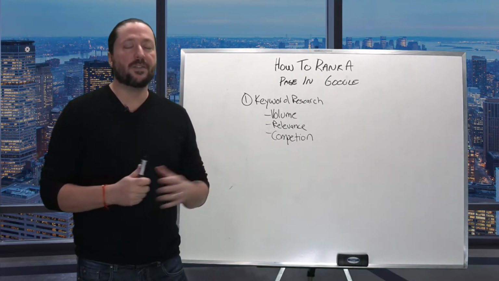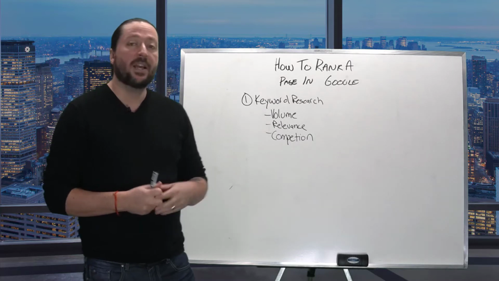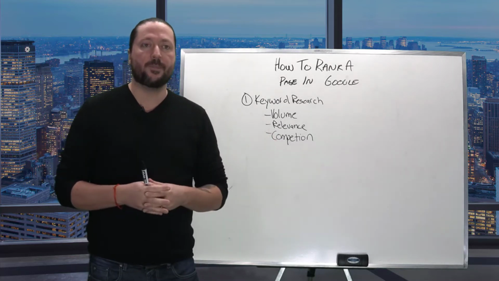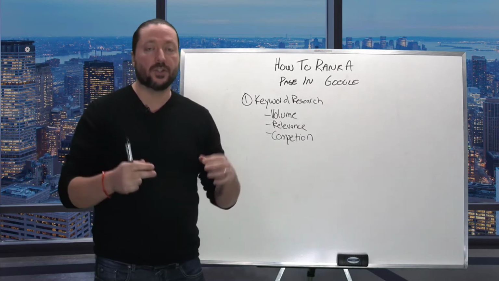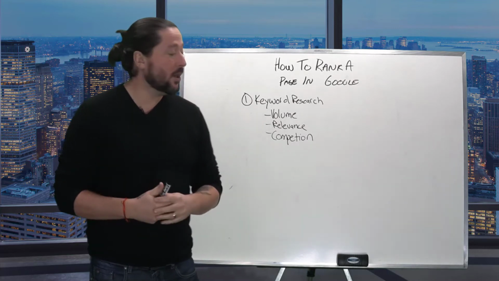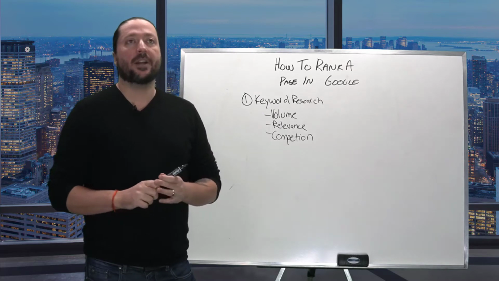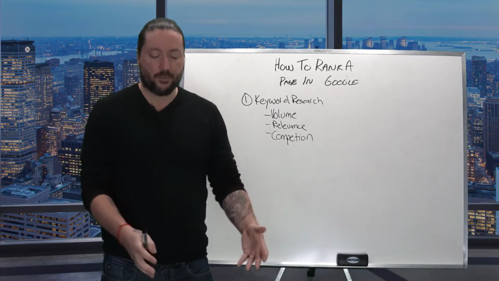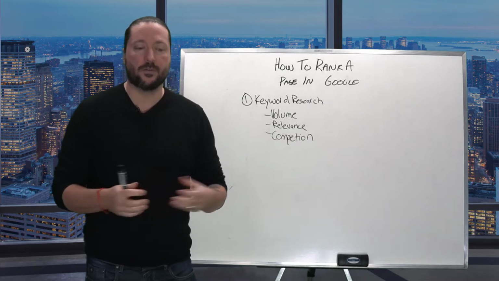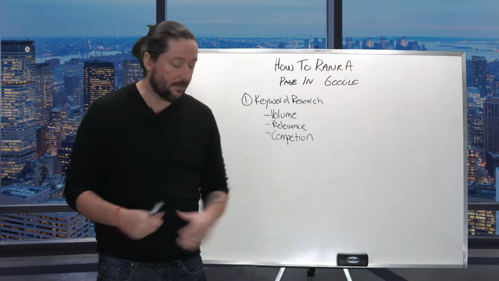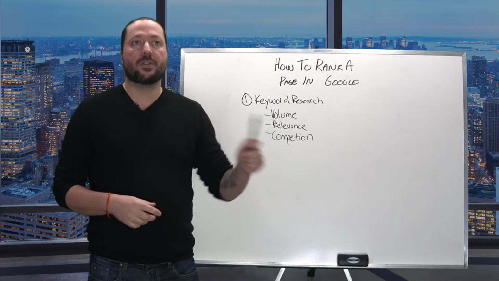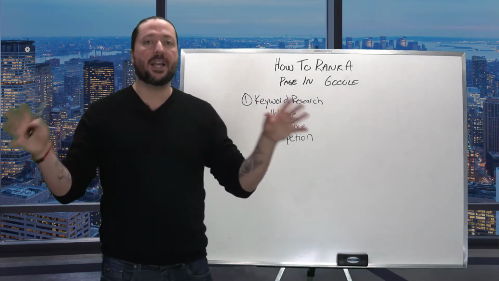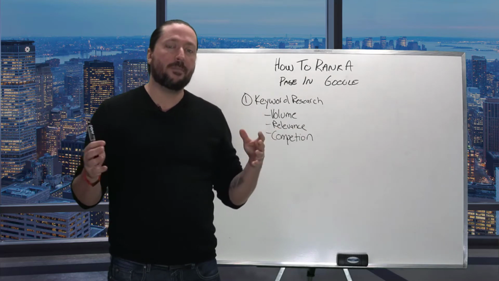So I use a little bit of a different set of metrics, and I actually use Google. So when you go to Google, and this is especially useful in a local market where your search volumes and your competitions are a lot lower. When I look at a keyword, for instance, if I was looking at stump removal in Atlanta, Georgia, like when people cut down a tree and there's a stump left in the ground, I'll search that in Google just as anybody else would, and that's called a broad match search.